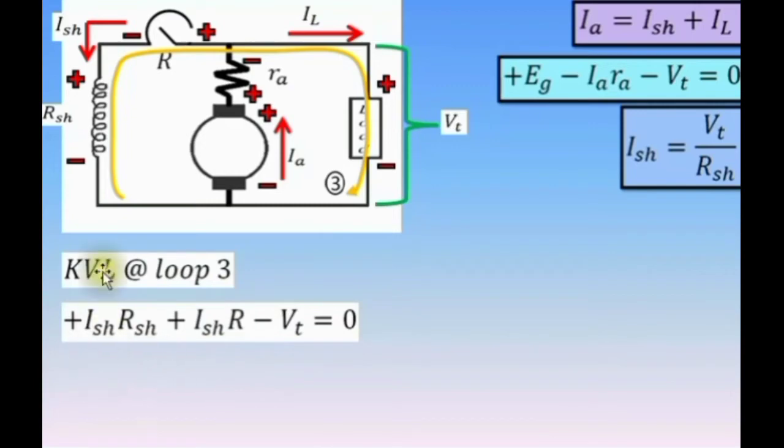So first we have positive RSH, multiply that by its current, ISH. So positive ISH times RSH. Then the loop passes to the rheostat. We have here positive. And since the rheostat and the shunt field are connected in series, therefore the value of their current are the same, which is the shunt field current. So we have positive shunt field current, multiply that by the resistance of the rheostat.